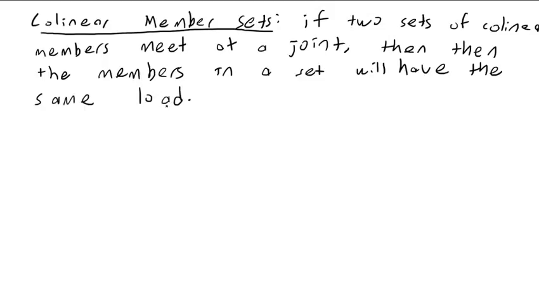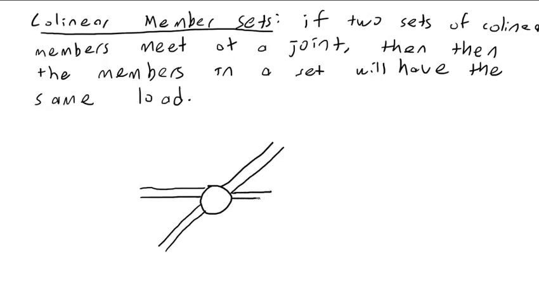What matters is lines. So for example, say I have a joint here. If I have a member here, and a member here, and a member here, and a member here, and let's pretend I do this directly to the center of the joint, and these are all meant to be perfectly lined up.